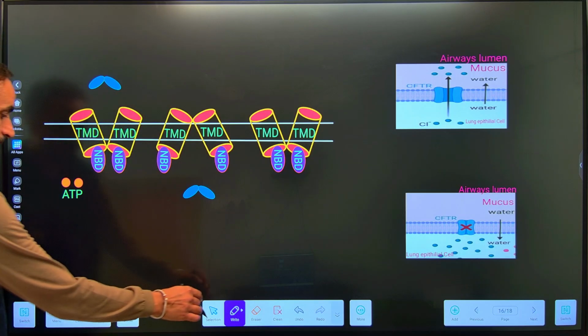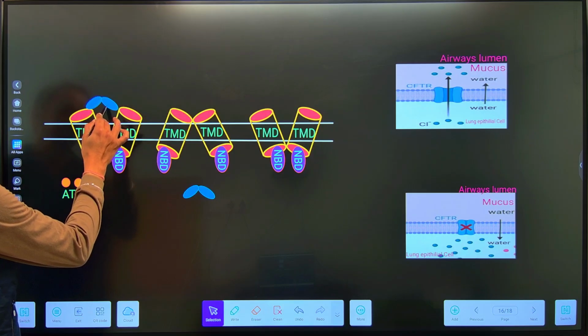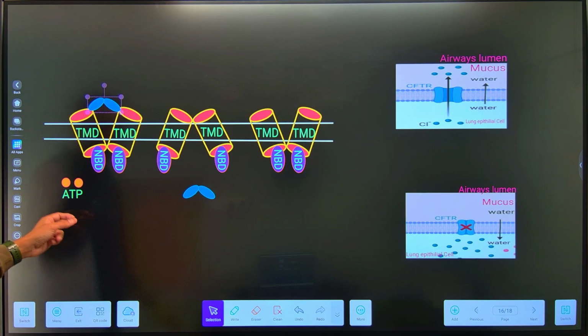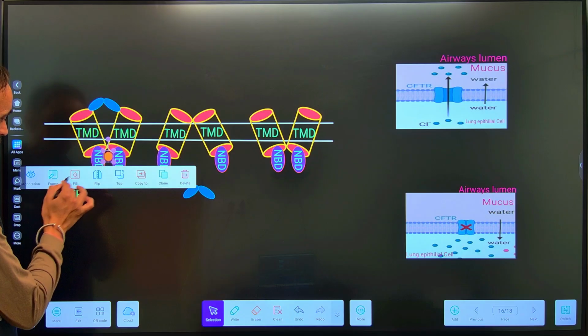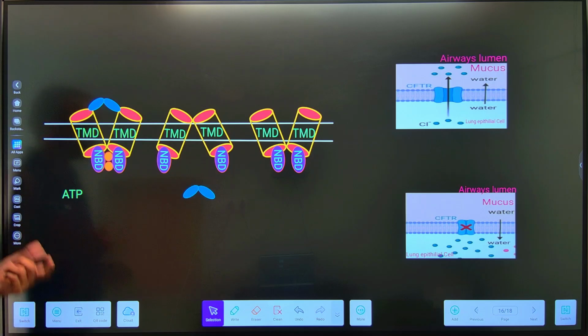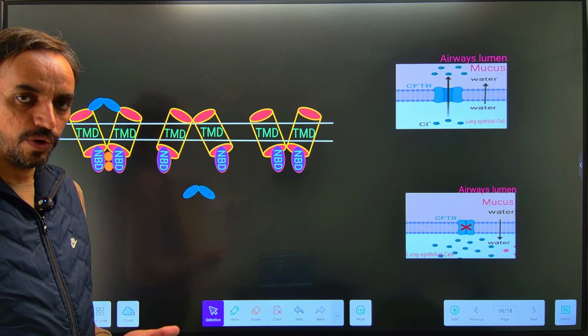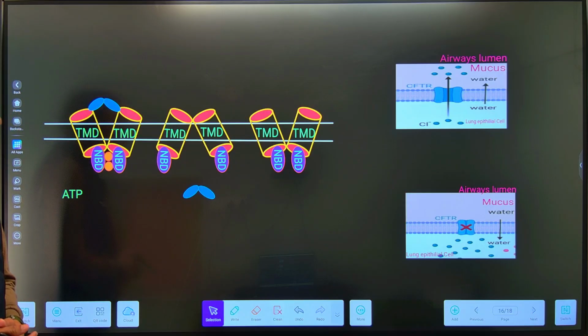What happens is, whenever the ligand binds to the transmembrane domain, there is a binding of two nucleotides to the nucleotide binding domains. Nucleotide ATP, adenosine triphosphate, is a nucleotide. So there is a binding of nucleotide to the nucleotide binding domain.